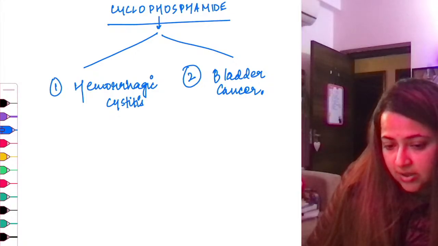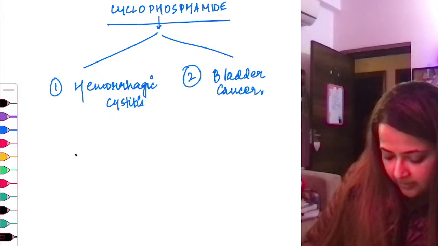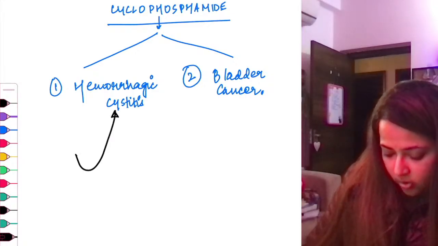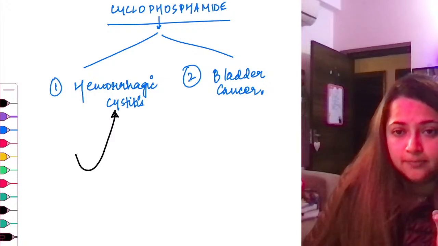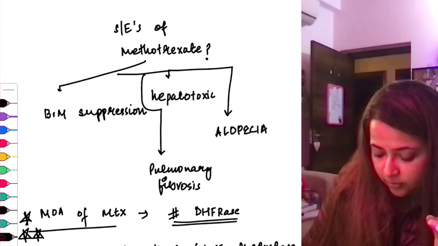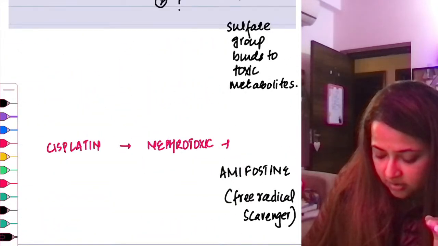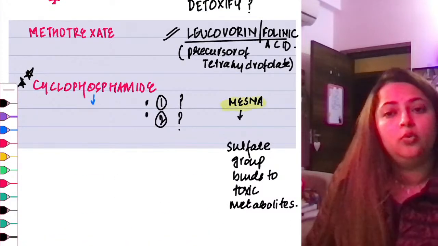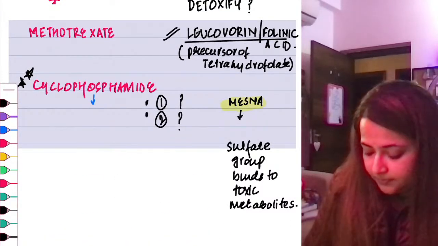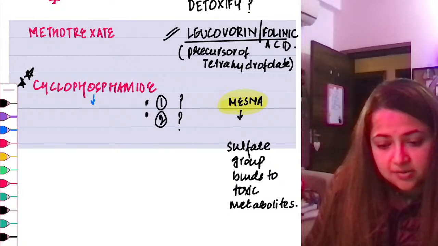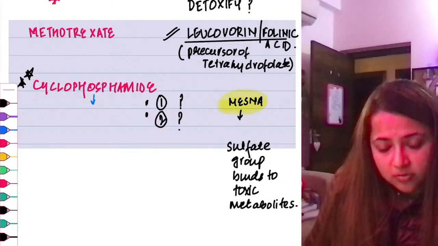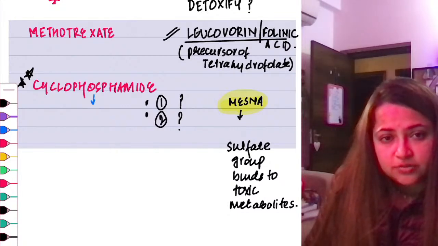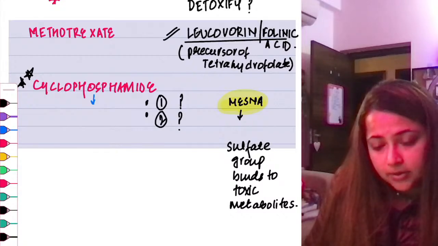So now the question arises, how can you prevent the hemorrhagic cystitis caused by cyclophosphamide? The answer to this question is that you can give mesna. Second question, how would mesna help?